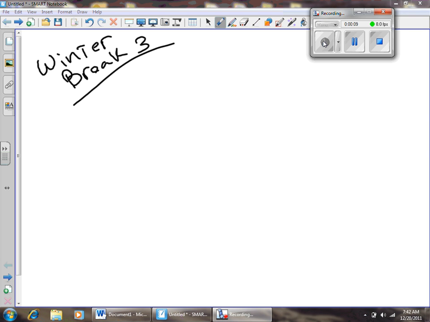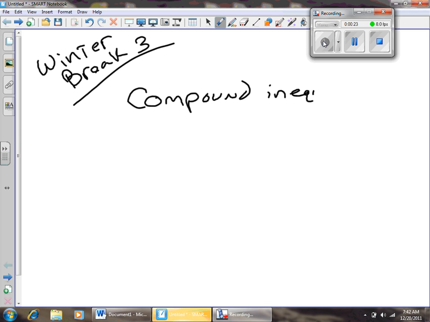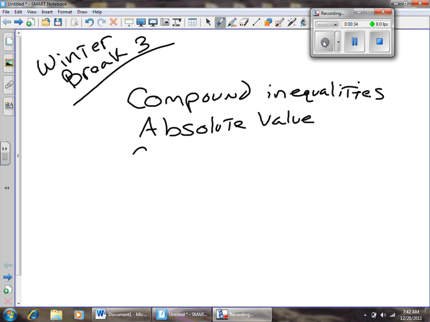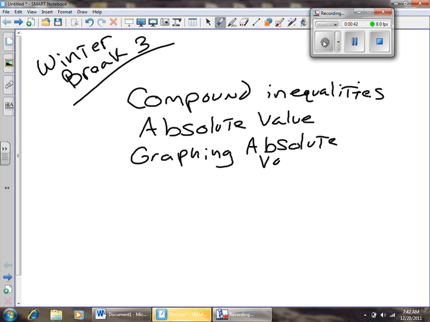This one will be focusing on Chapter 6. Chapter 6, if you can recall, covered such important topics as solving compound inequalities, absolute value graphing, absolute value equations, or functions as the case may be.